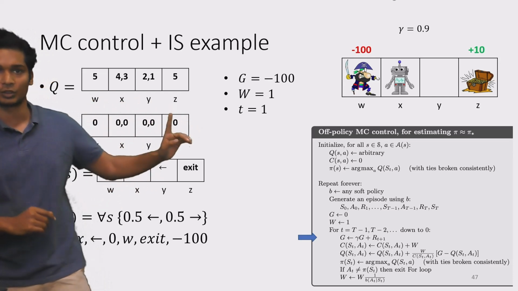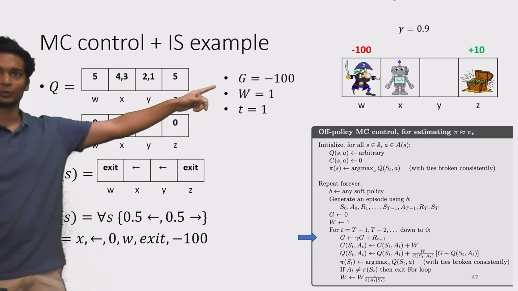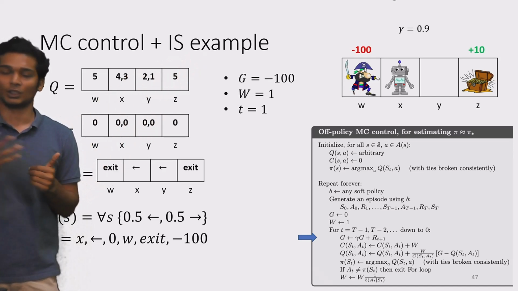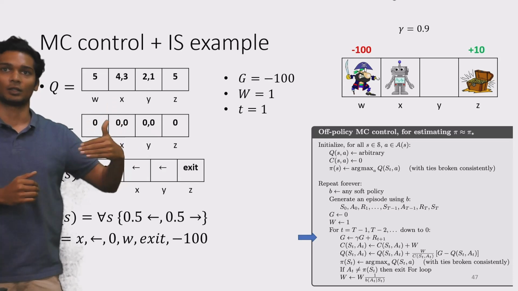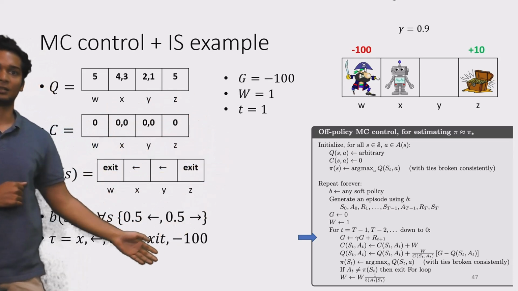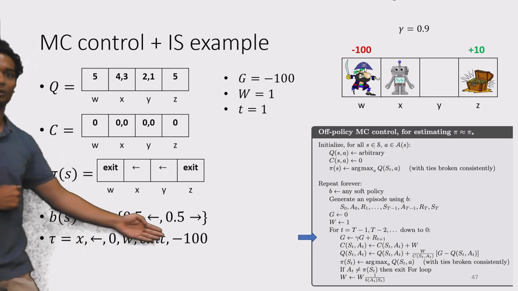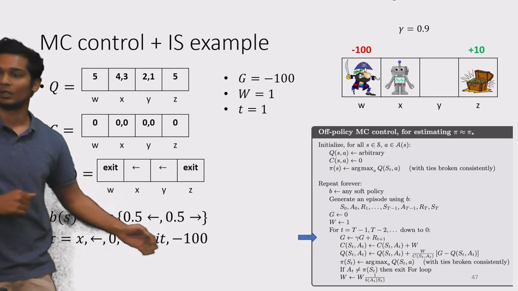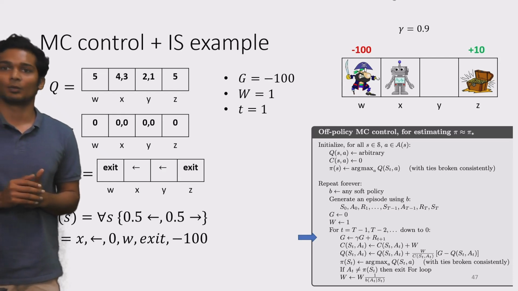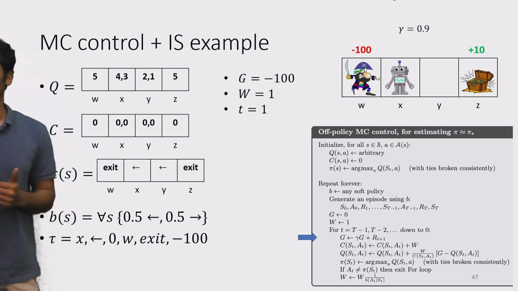Now we took a trajectory. We went from X to W and exited, and we start calculating our values G from the back of this trajectory. So starting from the last time step, which is at state W, we took action exit and we saw -100. So our immediate reward there would be -100, and our future discounted reward would just be 0.